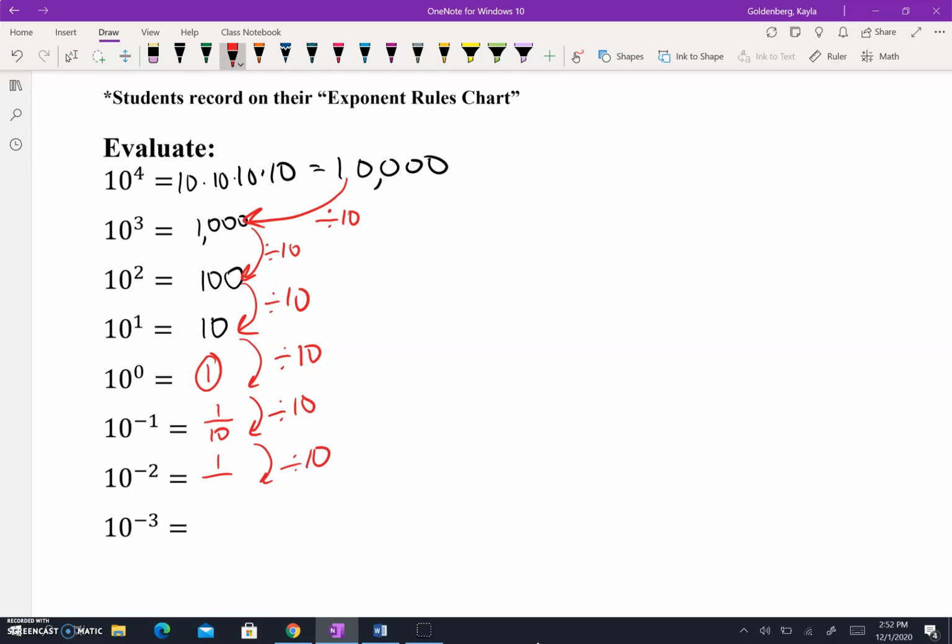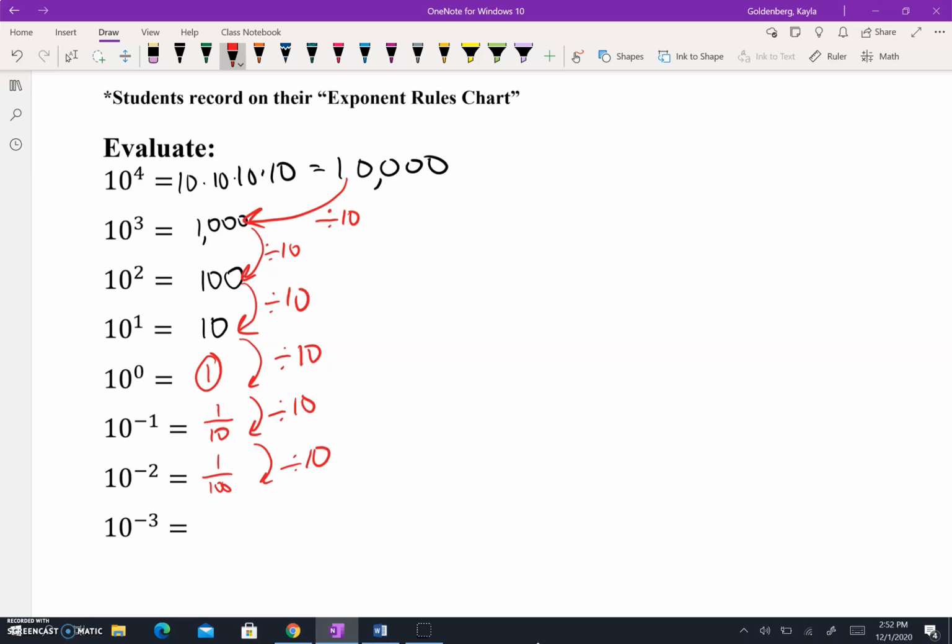This one is 1 over, and it's kind of hard to see this one, but if you think about putting the 10 squared down below, it's kind of like 1 over 10 squared or 100, right? A tenth is a dime, right? A dime is a tenth of a dollar, and then a tenth of that is a penny, 1/100th of a dollar.